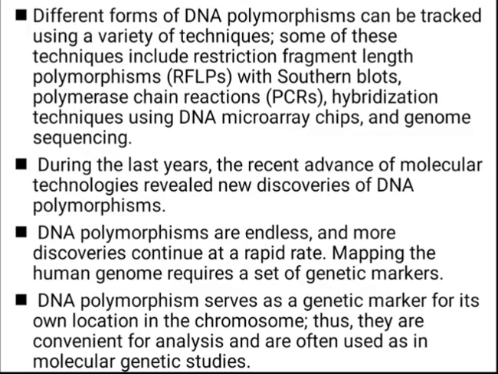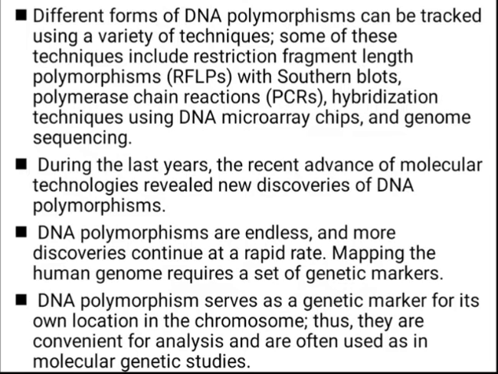Then during the last years, the recent advance of molecular technologies has revealed new discoveries of DNA polymorphisms, and DNA polymorphisms are endless and more discoveries continue at a rapid rate. Mapping the human genome requires a set of genetic markers.